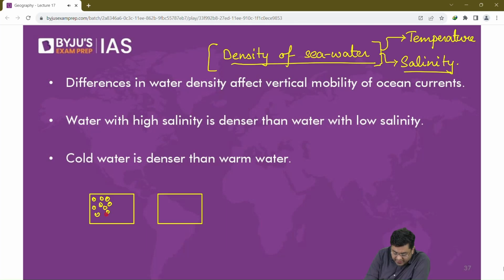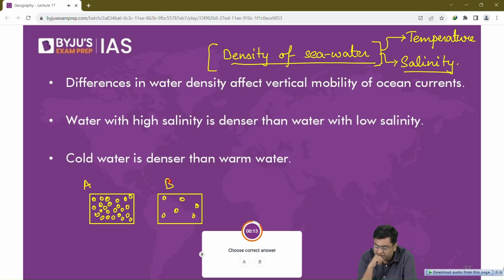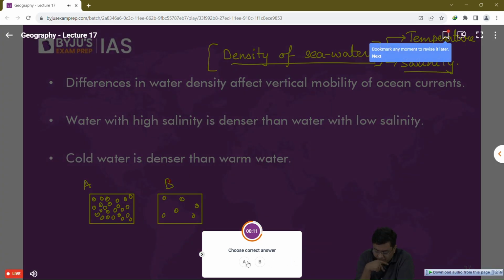Here, if the particles are arranged like this, and here the particles are like this. This is A, this is B. Let me launch a poll so that I get better visibility. Which will have higher density out of A and B?